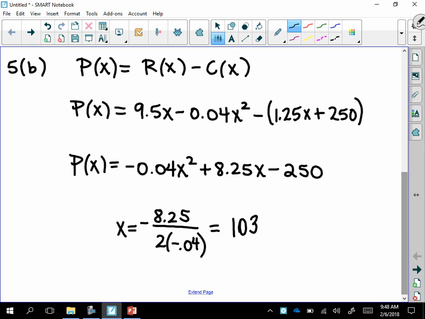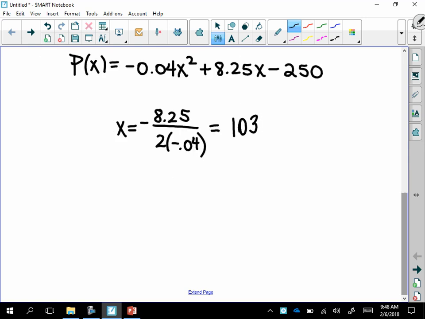You gotta be careful when you type this into your calculator, because if you type it in like this, you are not going to get the correct answer. What that's going to do is it's going to do 8.25 divided by 2, get that answer, and then multiply by negative 0.04.